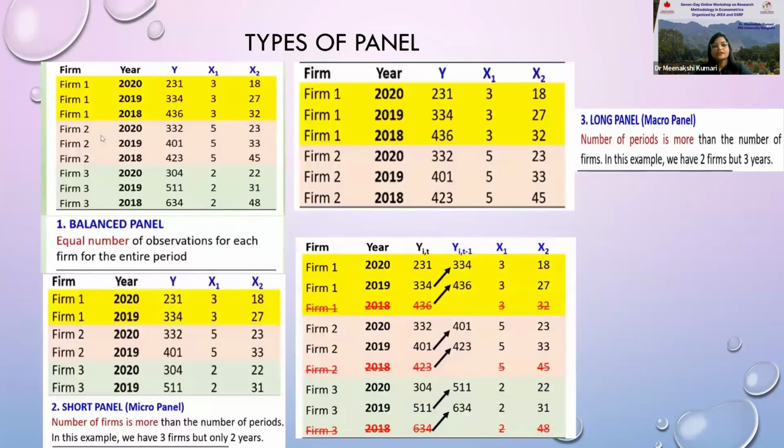Okay. Now see this one. We are not dealing with a dynamic panel data model, but this table is telling you that it's a dynamic panel data model. Why? Because here we have the first column that is firm, the second column that is year, the third column that is the dependent variable, right? In the fourth column, sometimes there are certain variables that may be correlated with the past year's same variable, like GDP.